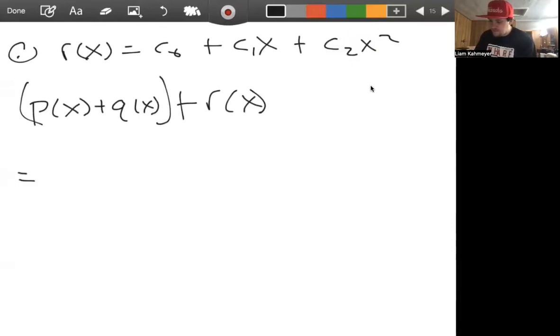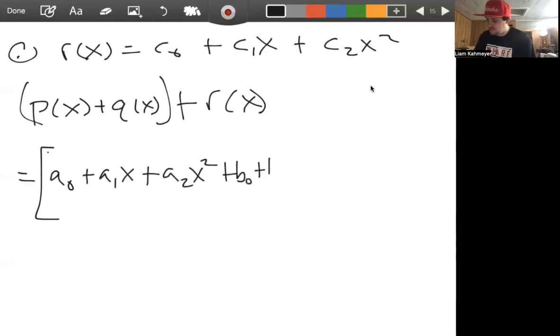Well, we have to unpack what this is. That is, we have A naught plus A1X plus A2X squared plus B naught plus B1X plus B2X squared in the parentheses.